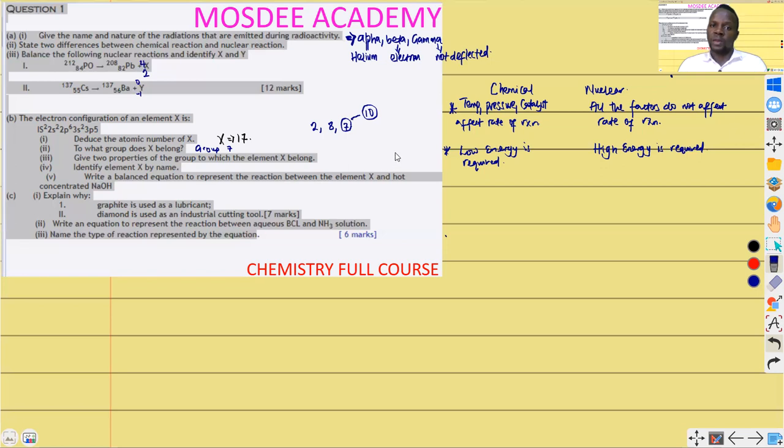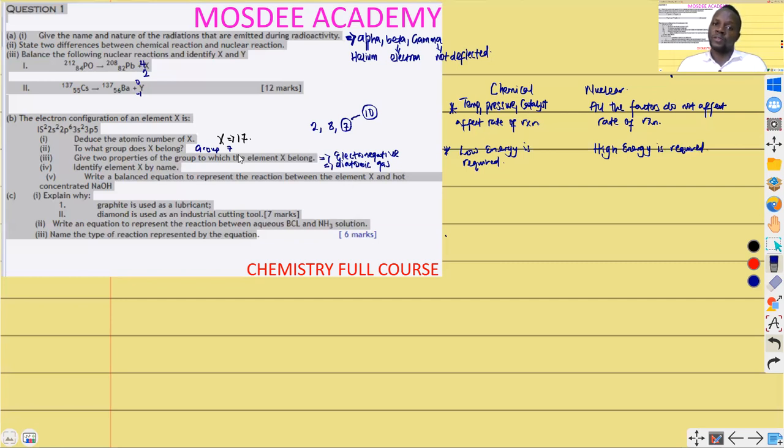And because they are electronegative, they form a diatomic gas. Almost all gases are diatomic, except the noble gases. You can always also put that at the back of your mind.